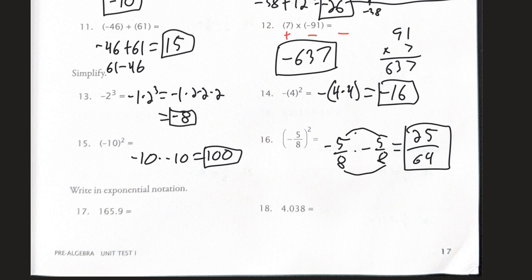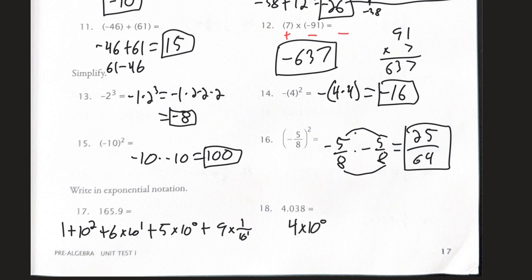Exponential notation. So this, the 1 is in the 100 spot. So that'd be 1 times 10 squared. 10 squared is equal to 100, plus 6 times 10 to the first, plus 5 times 10 to the 0, plus 9 times 1 over 10 to the first. Here, 4 is in the 1 spot, so it's 4 times 10 to the 0.